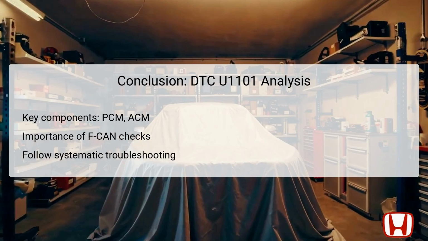By following the prescribed troubleshooting steps, technicians can systematically verify connections and ensure robust communication lines between the modules. Conducting repairs based on the established protocols ensures that the vehicle operates correctly across all systems. Adopting preventive maintenance strategies will mitigate the risk of DTC U1101 recurrence and enhance the longevity and reliability of the Honda Accord.